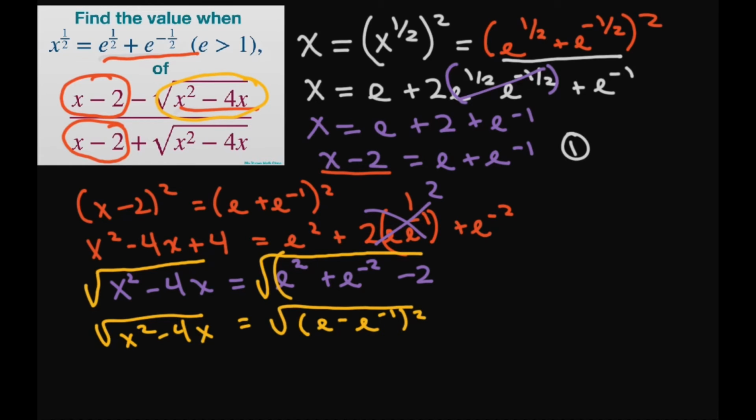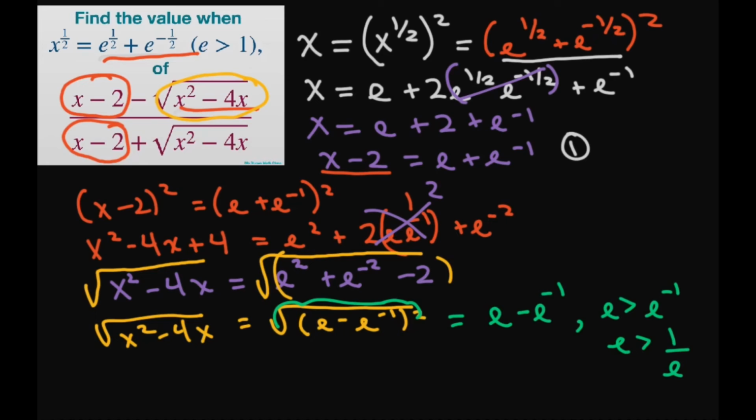That's what this equals. So when you take the square of the square root, this goes away, and we're going to get this equals e minus e to the power of negative 1. And just note that e is greater than e to the power of negative 1, or e is greater than 1 divided by e.